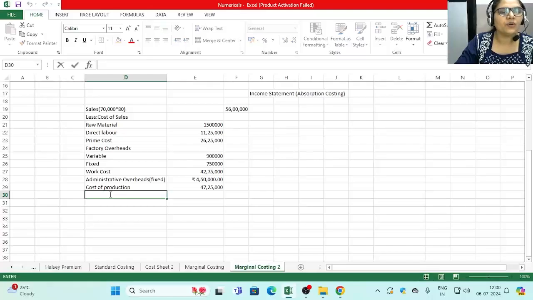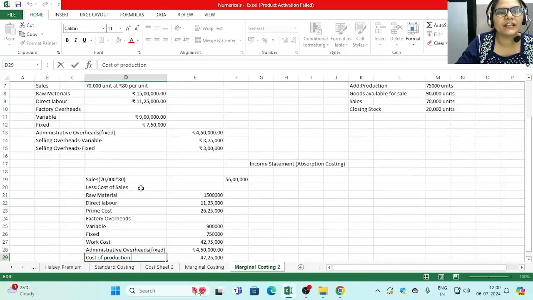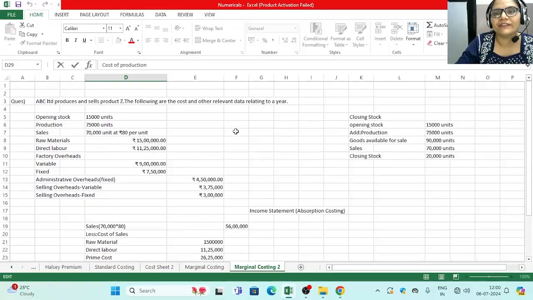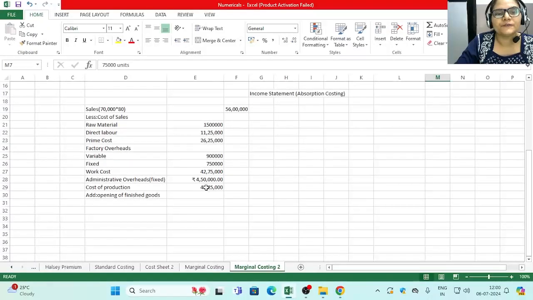After cost of production, we usually add opening stock of finished goods. We know the number of units produced is 75,000, so this 47,25,000 is for 75,000 units.